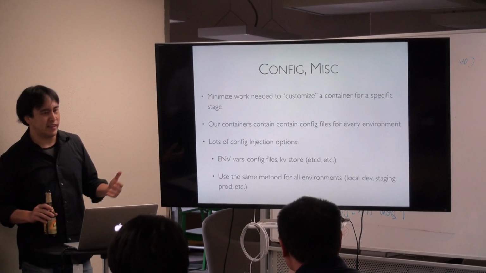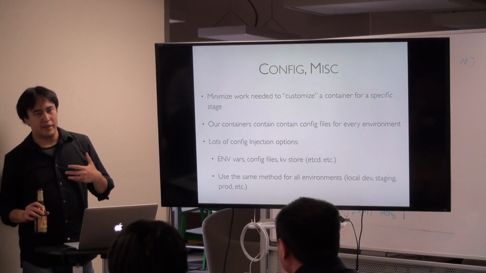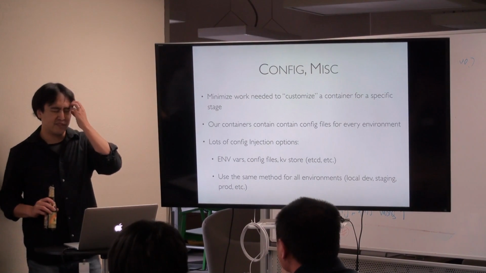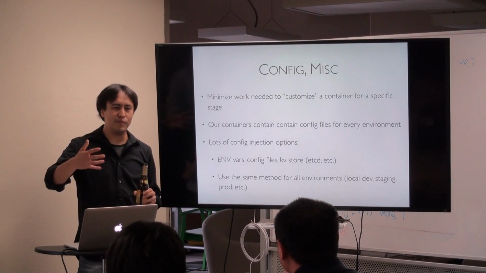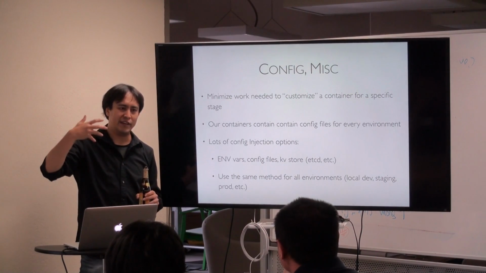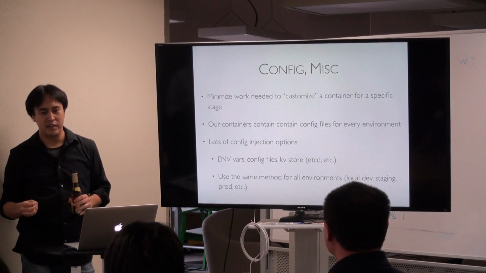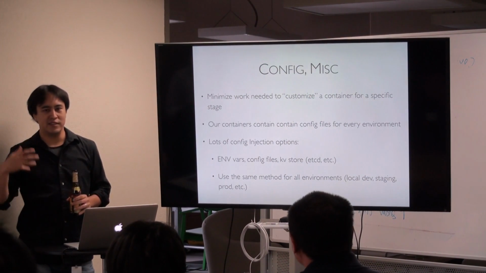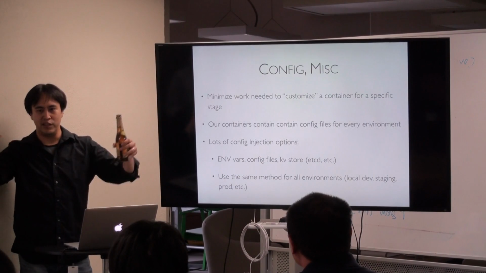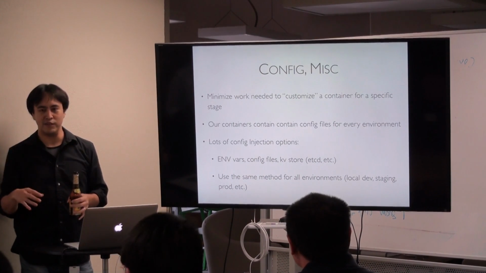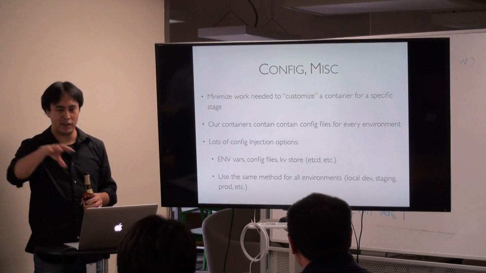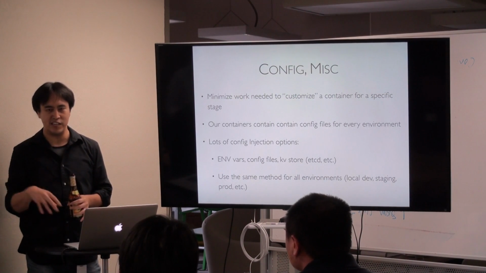You want to minimize the amount of work needed to customize a container. Basically, what we're getting at is that each container at different stages, over time, is going to have a lot of different things that need to be separately configured for each one, right? Things like what your DNS is, where the relevant servers are, what the domain names are. Is this guy talking to a prod database or a staging database or a test database?